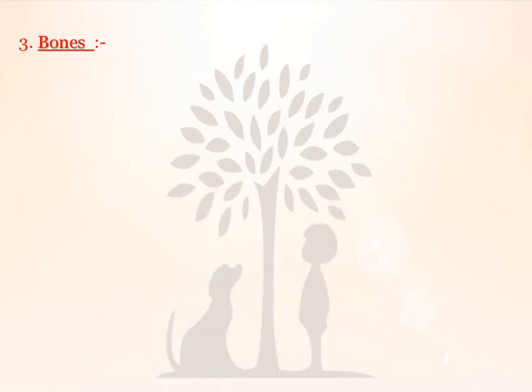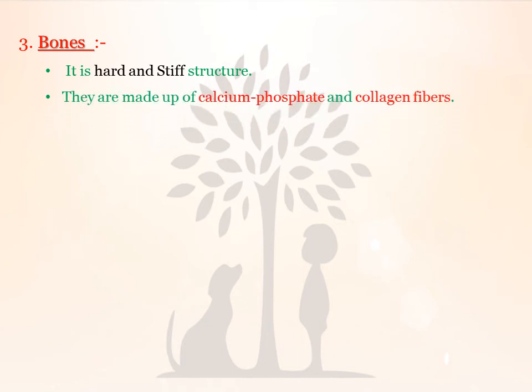Now the third type of specialized tissue is bones. It is a hard and stiff structure. They are made up of calcium phosphate and collagen fiber. They make up the skeleton of our body, or you can say of most animals. I think you know about the skeleton.